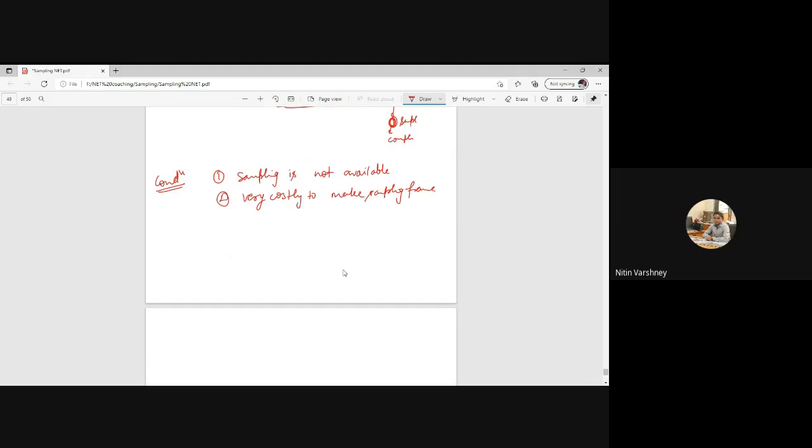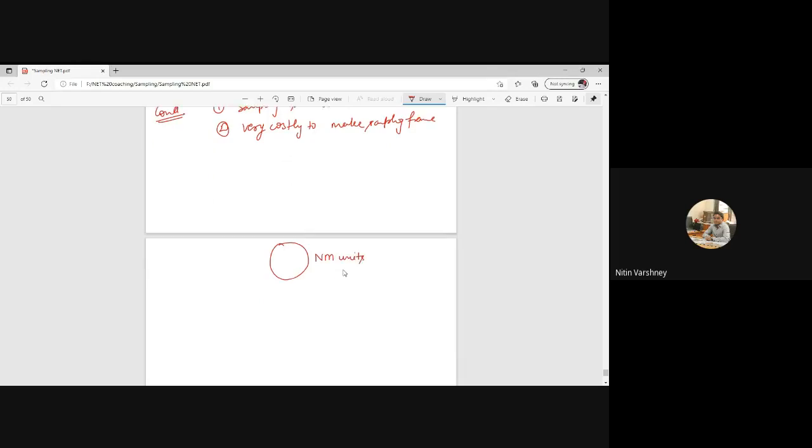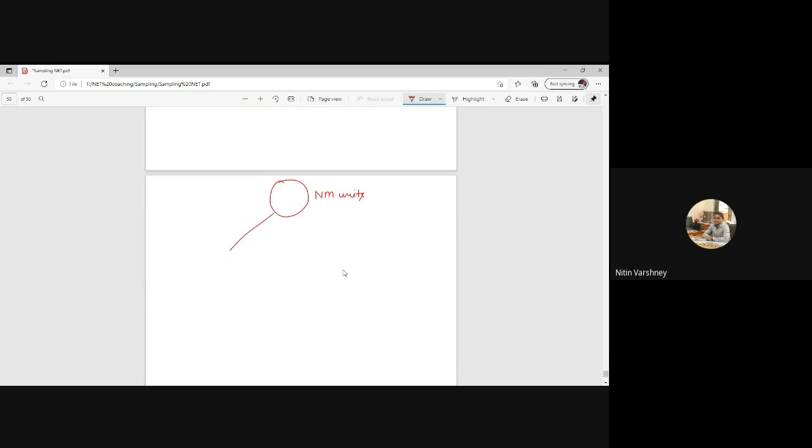Now, suppose this is my population, and I am taking n clusters with m units each. These are clusters, and I am considering equal cluster size, m units.